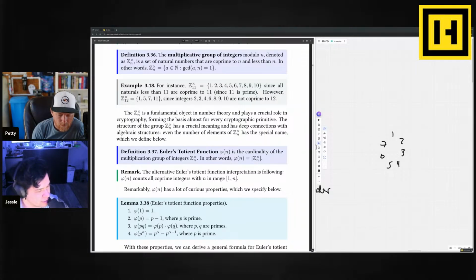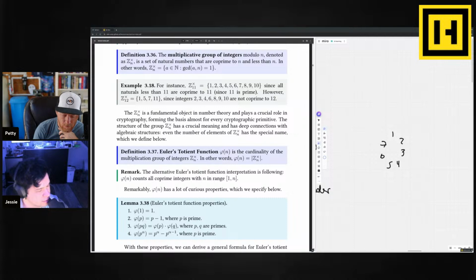Definition 3.37, Euler's totient function. Is that phi? Phi of n is the cardinality of the multiplicative group of integers Z to the star sub n. In other words, phi of n is equal to the absolute value of Z to the star sub n.